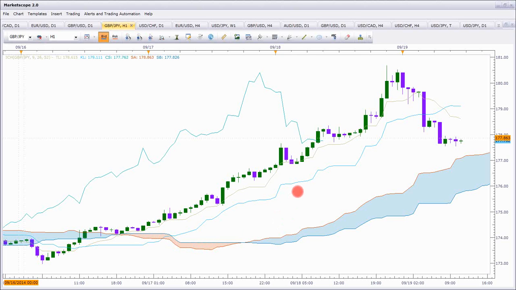There are obviously Japanese names for all these moving averages. They have English names as well, but they're mostly referred to by their Japanese names. So this is called the Chikou line. Chikou in Japanese doesn't mean a chick, it means a delay. If you look closely, you can see that this is not actually a moving average.